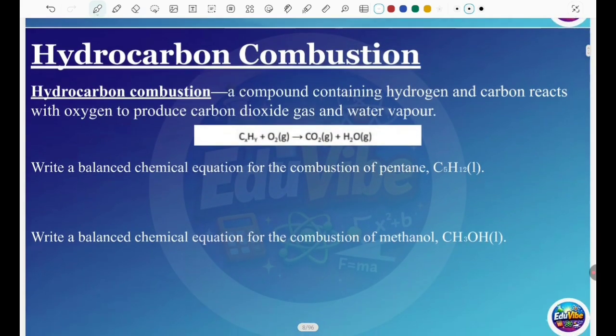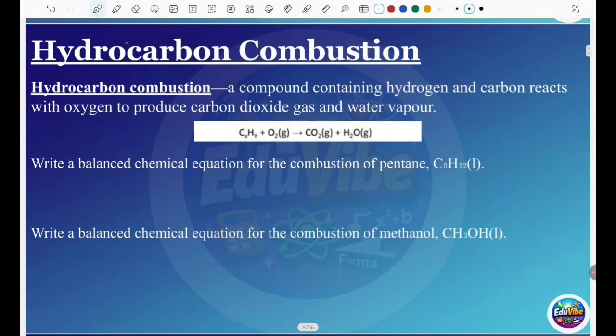Last, we have hydrocarbon combustion. What is a hydrocarbon? A hydrocarbon is any molecular compound made with hydrogen and carbon. We do the combustion in this. So the compound containing hydrogen and carbon reacts with oxygen to produce carbon dioxide gas and water vapor.